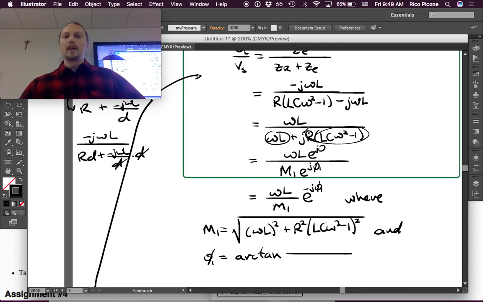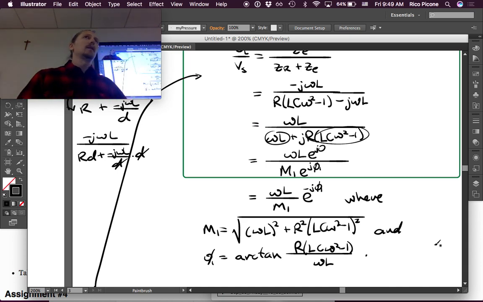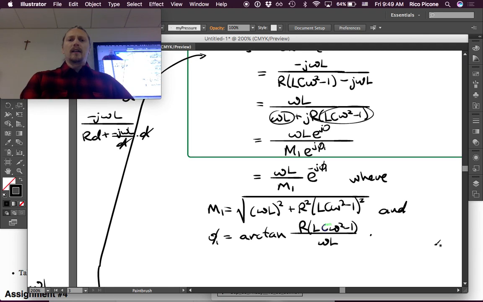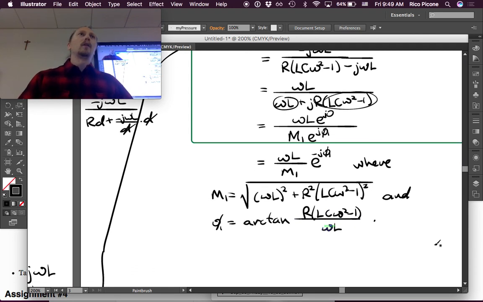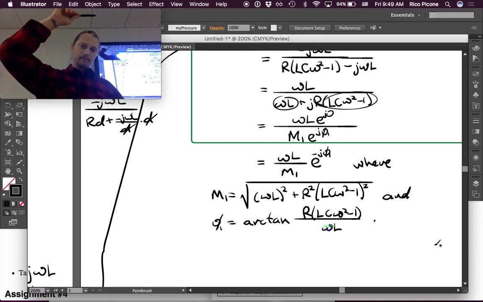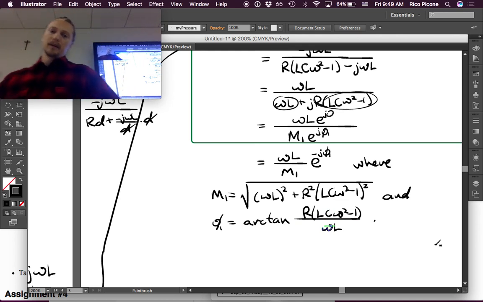Yeah, so everything without the j. Everything's multiplied by j, but not j itself. So R times LC omega squared minus 1 is the imaginary part, and the real part is just omega L. So that's our phi 1. So this is the solution, the phasor form of the ratio between the input and the output.